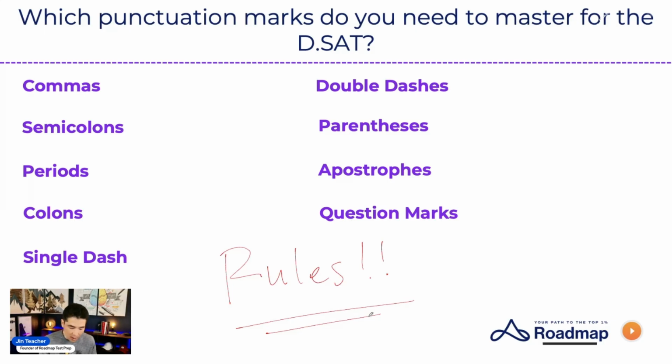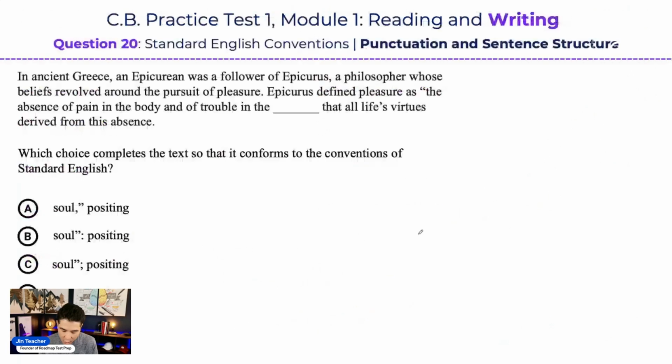So in this video, I'll just share with you guys some of the rules, but I'll do so when we take a look at certain questions that the SAT can ask when it comes to punctuation marks.